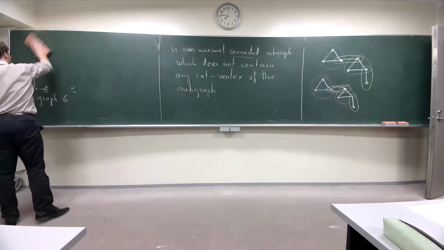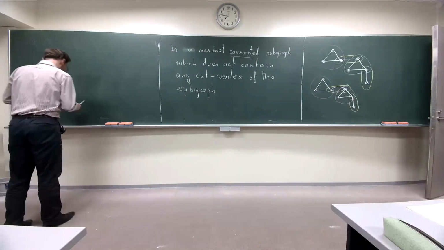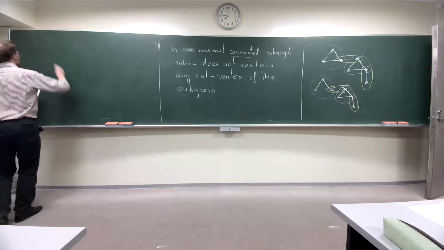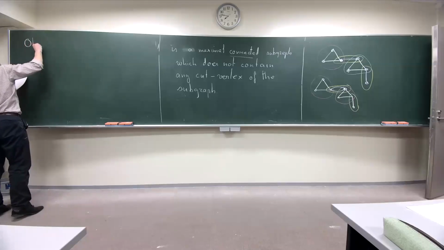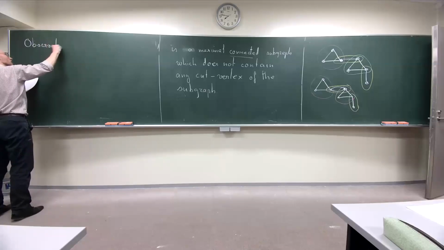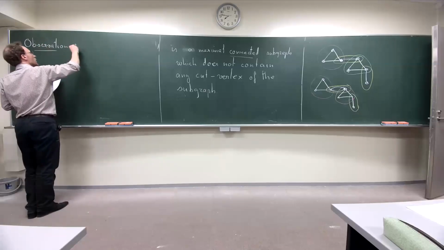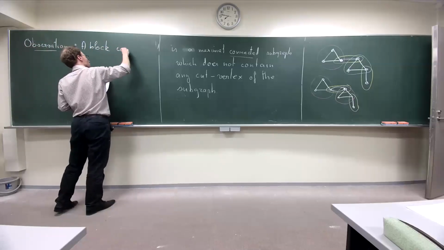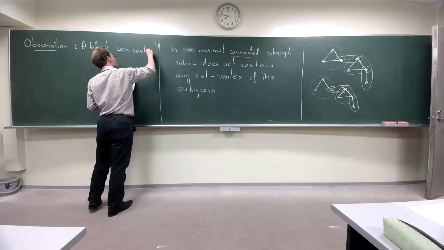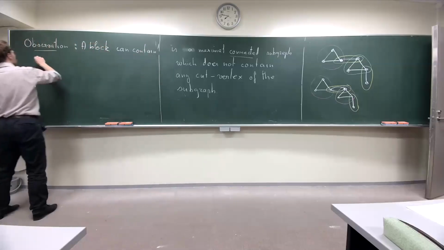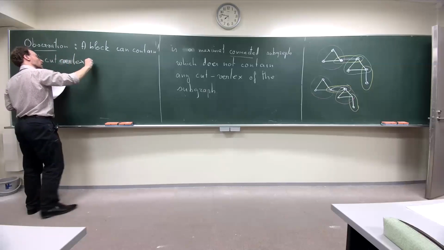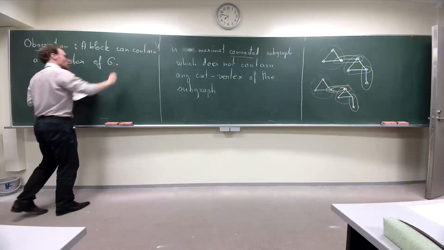Or maybe it's going to be even in this next statement. So maybe write it as an observation. Yes. A block can contain a cut vertex of G. There is no contradiction.